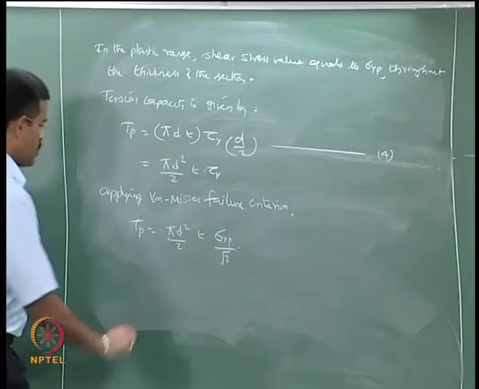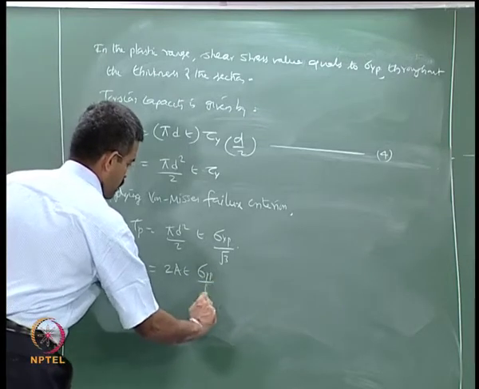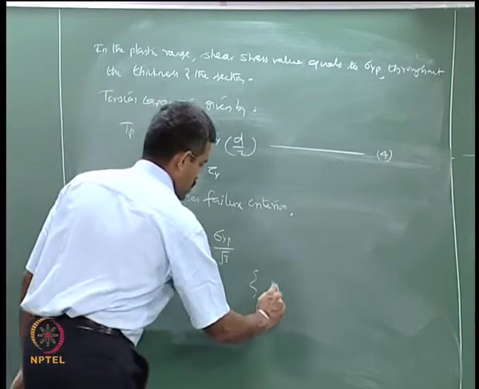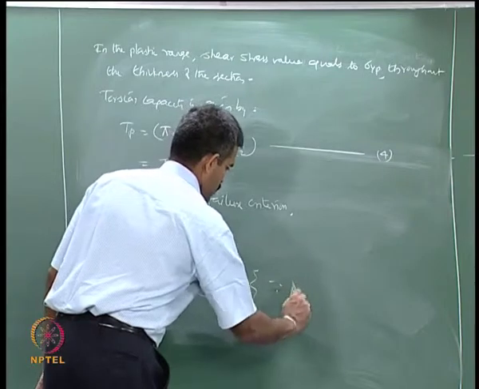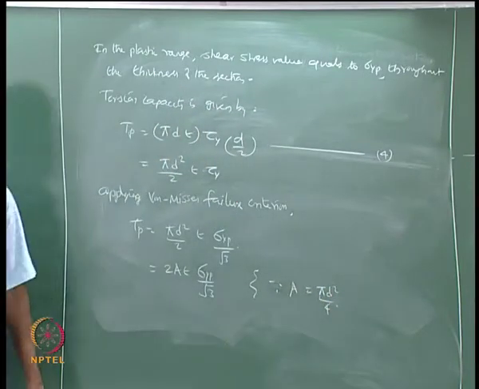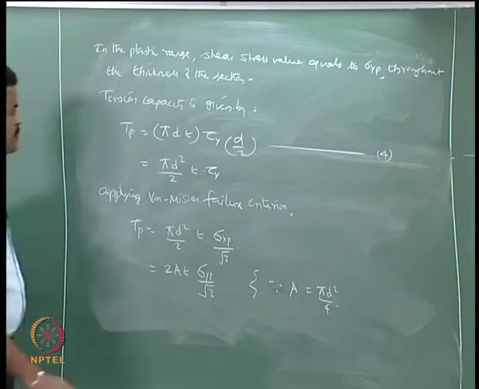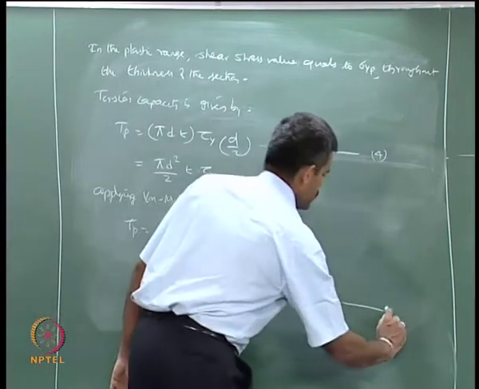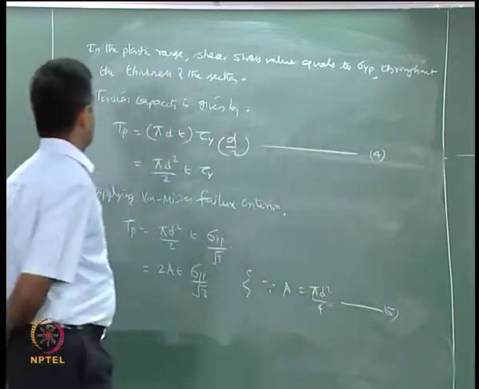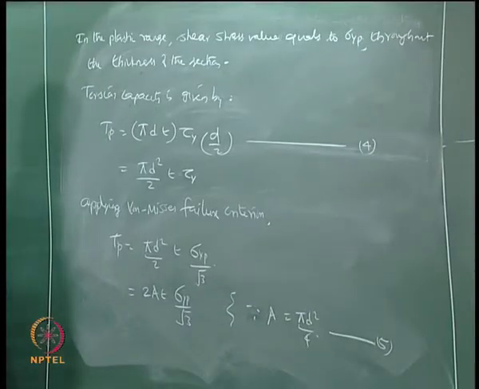I can also call this 2 A t sigma yp by root 3 because A is pi d square by 4, is it not? So, for closed sections you get the torsion capacity like this.